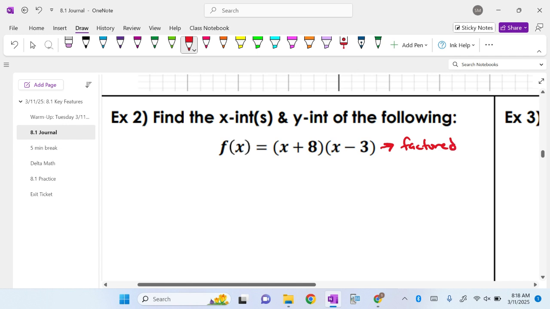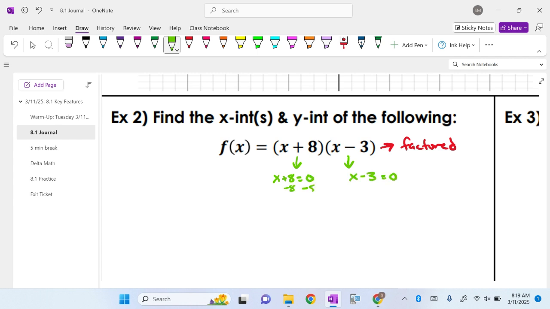Now, Ralph, what key feature can we find specifically from factored form? The x or the y-intercept? The x-intercepts. All right. So without even having to graph this, I'm going to find the x-intercepts. The way I do that, take both of these factors, set them equal to 0 separately, and solve.